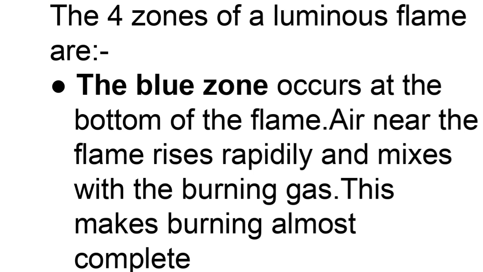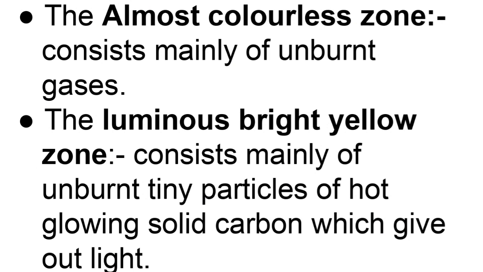And at the bottom of the flame, the air rises rapidly and mixes with burning gas, and this makes the burning almost complete. And when the burning is complete, then we have the blue zone produced.